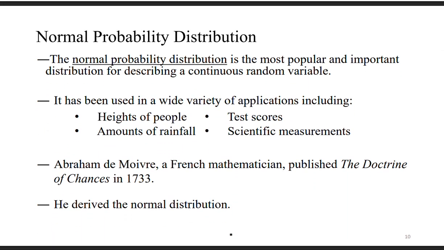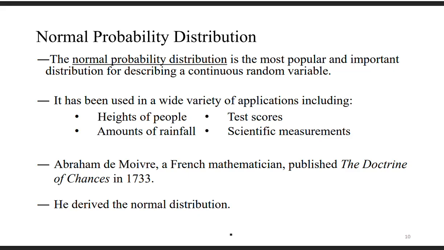Now the next one I would like us to look at is the normal probability distribution. The normal probability distribution is known to be the most popular and important probability distribution because it's applied in a wide variety of scenarios. The height of people follows a normal distribution.